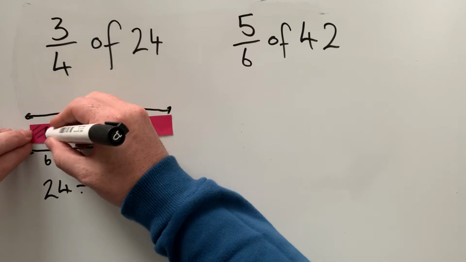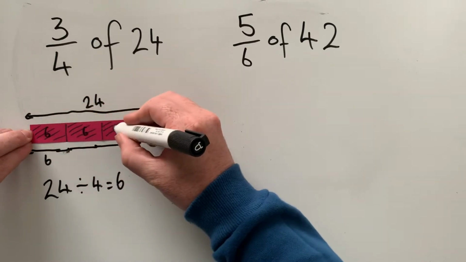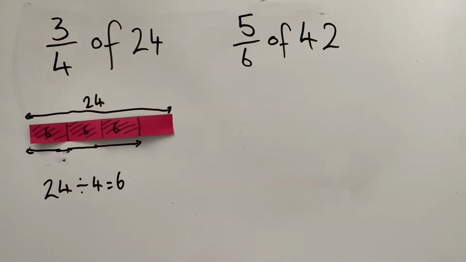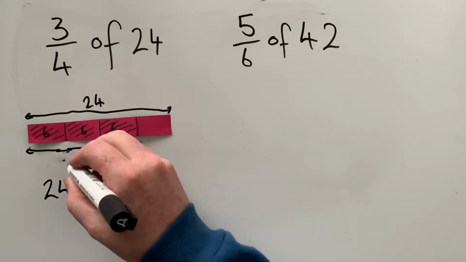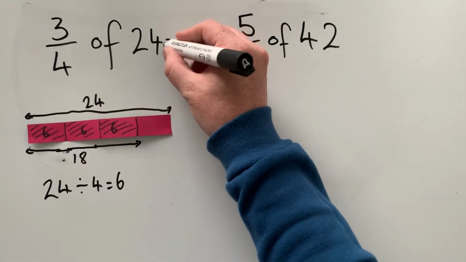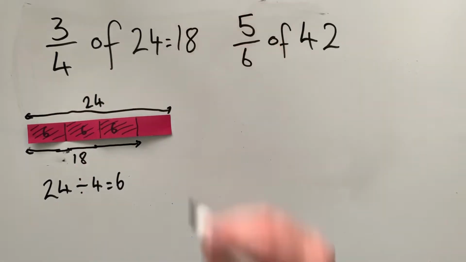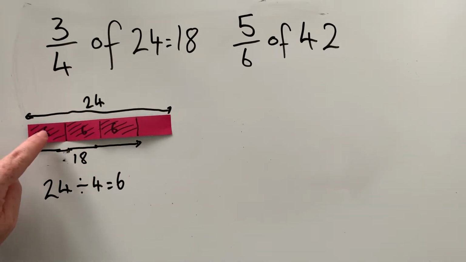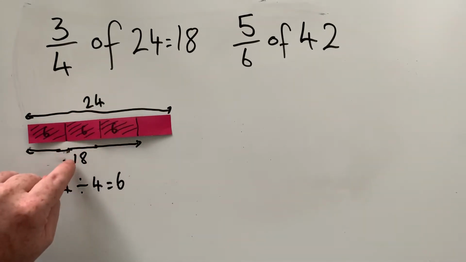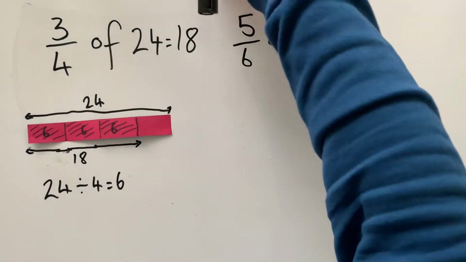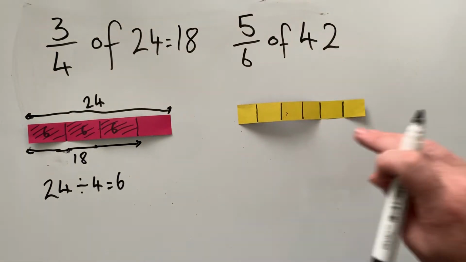So if this is 6, 6, and 6, 3/4 of 24 must be 18. 3/4 of 24 is 18 because 24 shared equally into 4 groups is 6 and the total of 3 of those groups is 18. Let's take a look over here at 5/6 of 42, sorry.